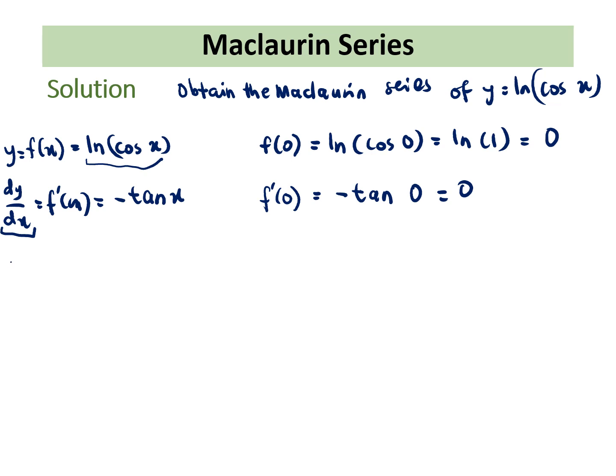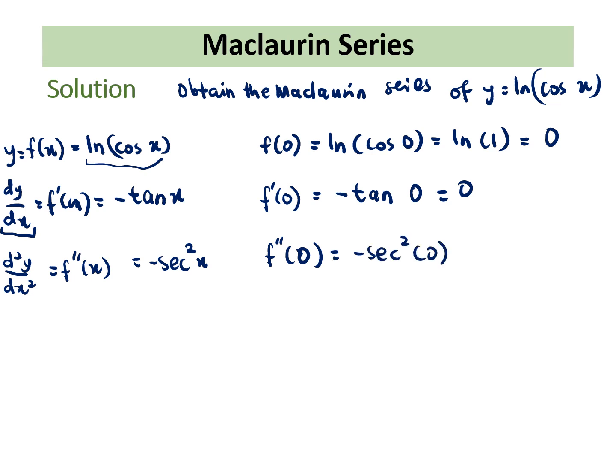And then the second derivative is negative secant squared x. So the second derivative at 0 equals negative 1. And then we proceed with finding the third derivative. This one we have to calculate by ourselves.